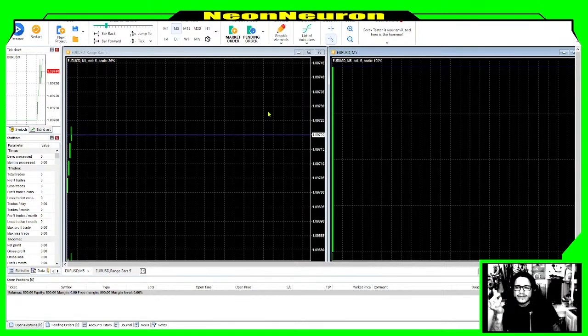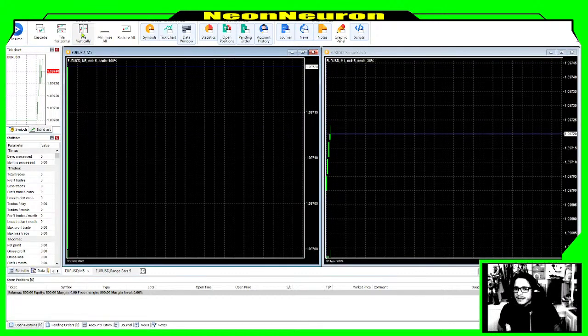So I've taken a couple of days trying to learn this. It was kind of hard, kind of tricky, but I think we got it. I think we're good to go. We have our 5-minute window right here and our 1-minute window right here. So we're going to look at the 5-minute for action, the 1 minute for entry.